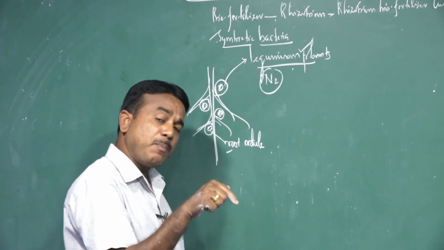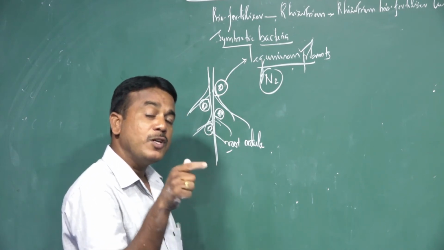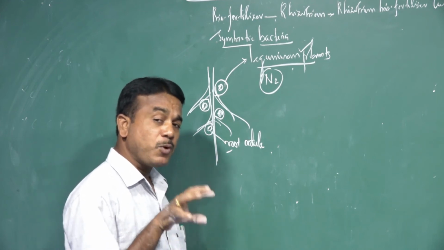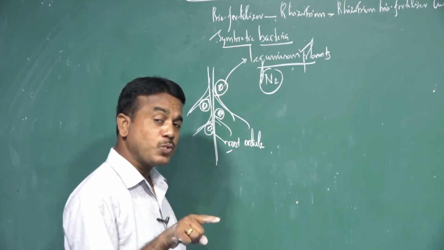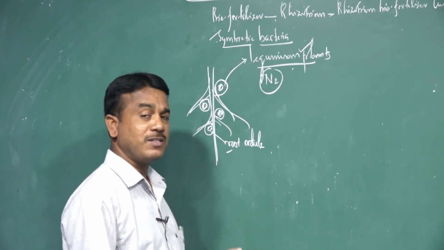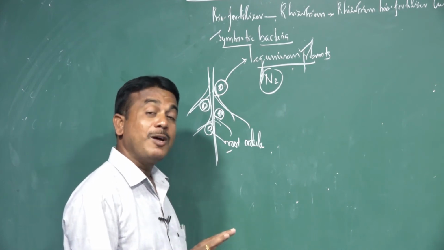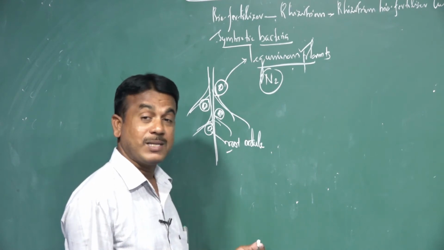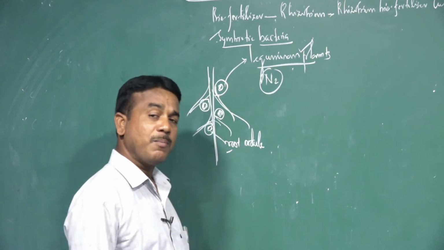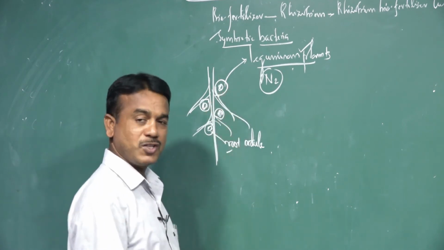If the plant grows well, it produces a good yield. So only plants that possess Rhizobium grow well and produce much productivity. Non-leguminous plants cannot have such an ability. Plants that possess it are considered leguminous plants.